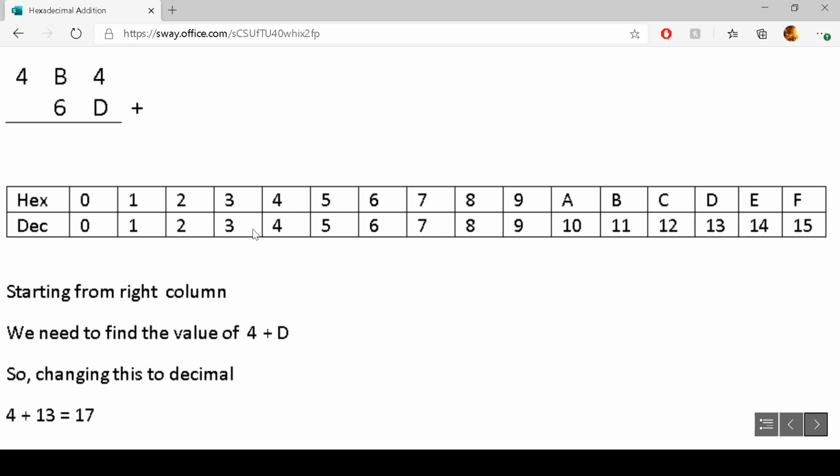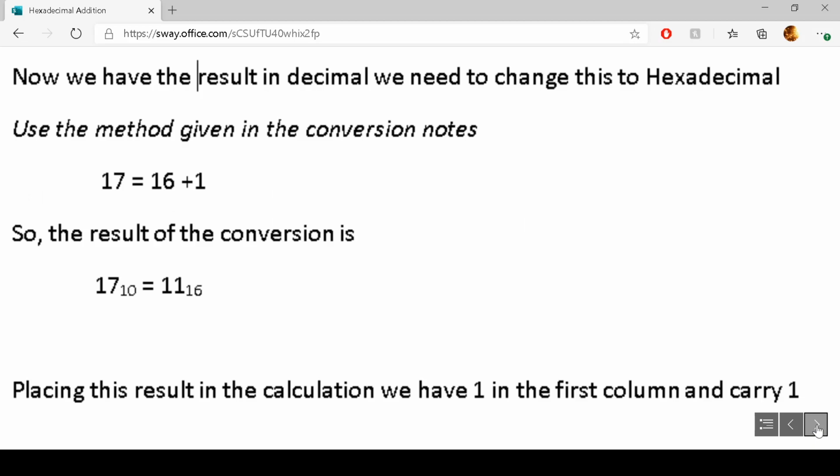And again, I have the conversion table here between hex and decimal, so it makes it easier for you to translate between the two number systems. So starting from the right hand column, we have 4 plus D. Changing that to decimal, that's 4 plus, as you can see from the table, 13, and the result is 17.